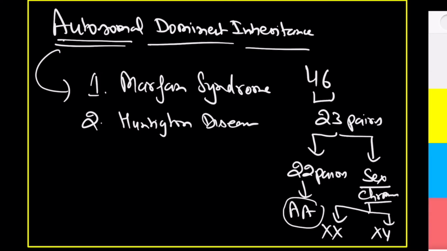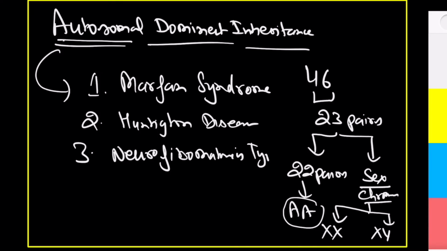Please check the spelling if I have written it wrong. Then third is neurofibromatosis type 1. So these are some examples of autosomal dominant inheritance.